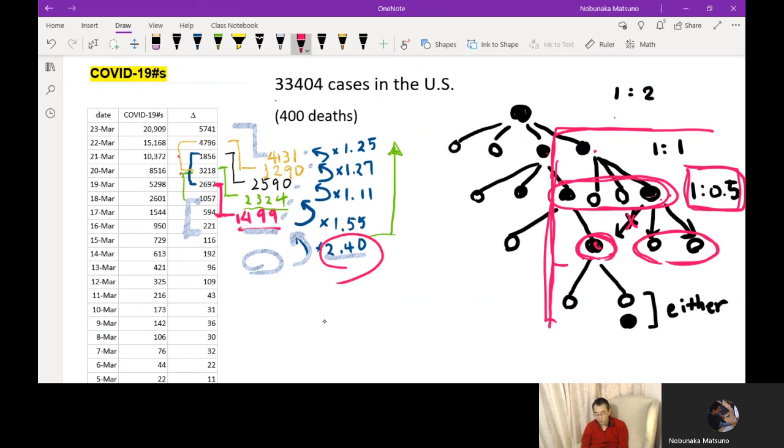So if it's 0.5, in this case it would be either one person is definitely not infected, but the other person it's either this or this. So it's either case. If it's 0.5, that means the person either infects the other person, which would be 1 to 1, or the person will not infect, so it's 1 to 0.